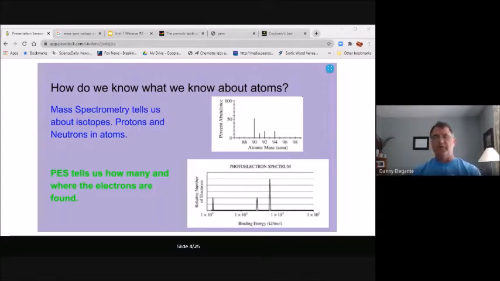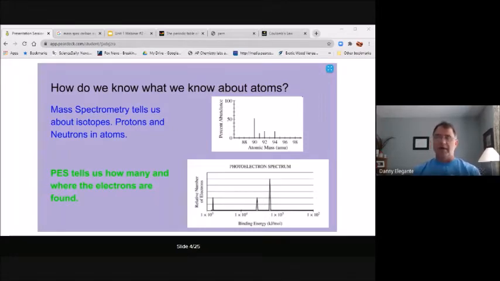We also use something called PES, photoelectron spectroscopy. So we shoot X-rays at elements, and we measure how much energy it takes to knock loose electrons. The height of the peak in this lower graph tells us something about how many electrons there are.